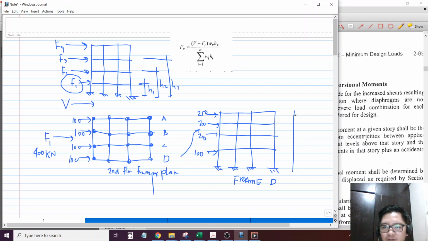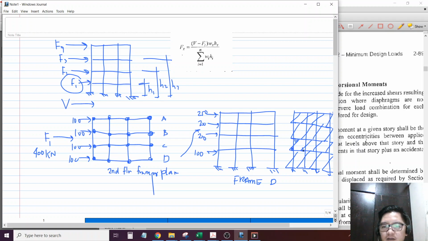Sulat ko na lang, for example, typical moment diagram. Typical moment diagram nito will be something like ganito. Ganyan. Medyo crowded, no? Okay.